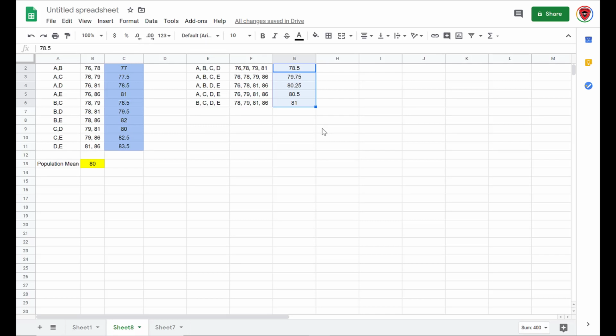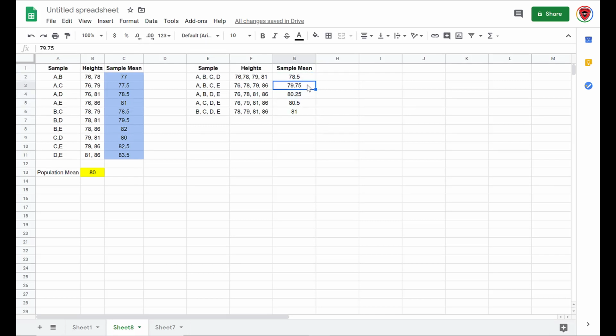Specifically, we have these 4 values right here, 79.75 through 81. Each one of those 4 samples are within 1 inch of the population mean. So we can say that there is an 80% chance that a randomly chosen sample of size 4 will have a margin of error of 1 inch plus or minus with respect to the true population mean.